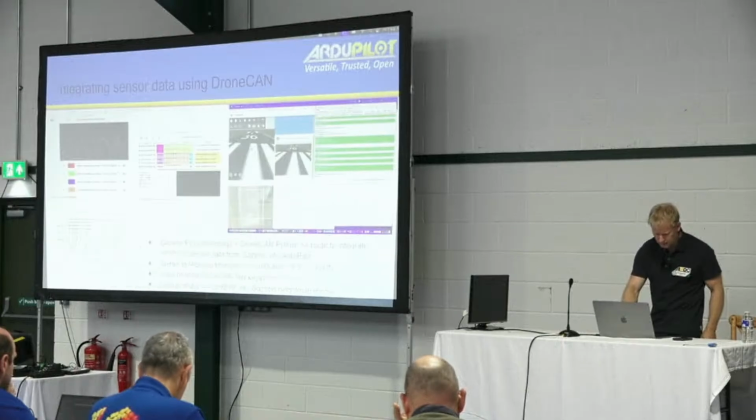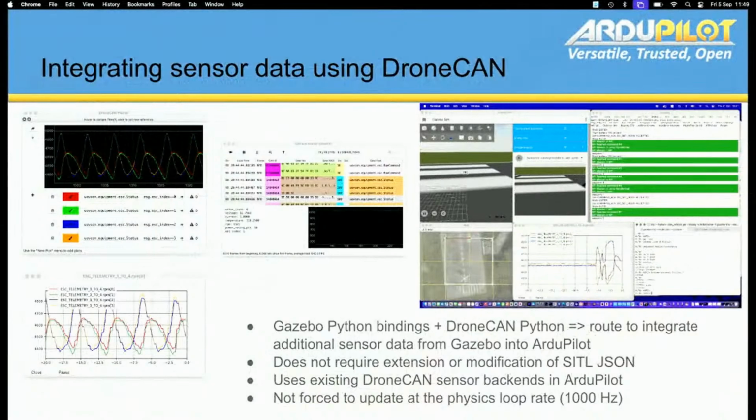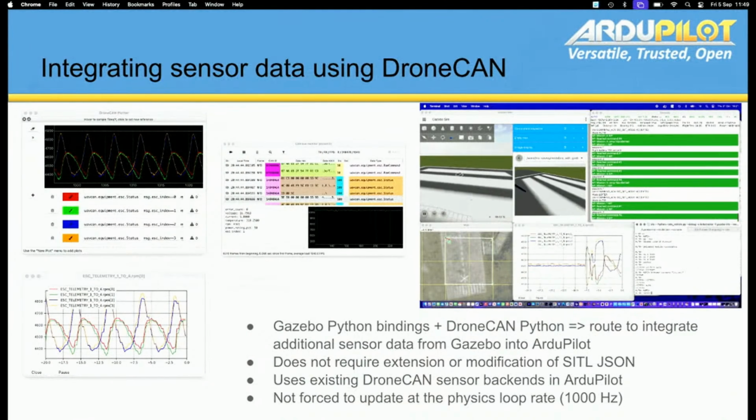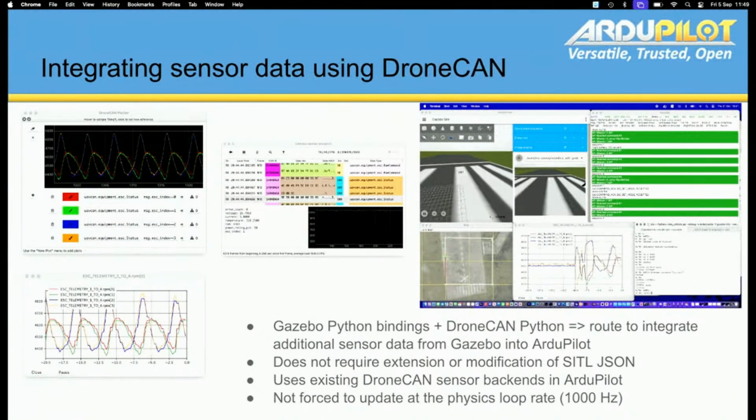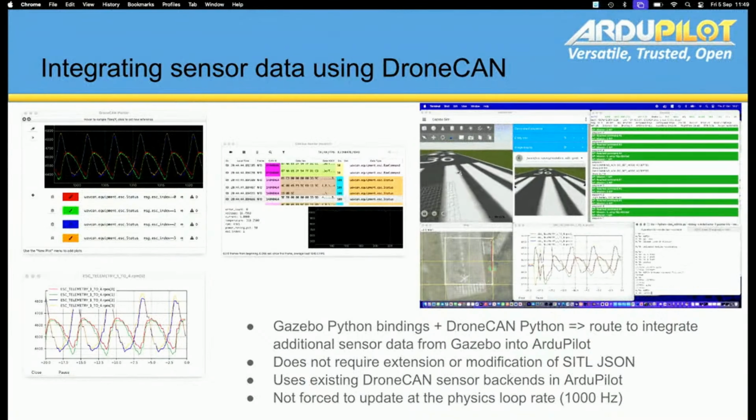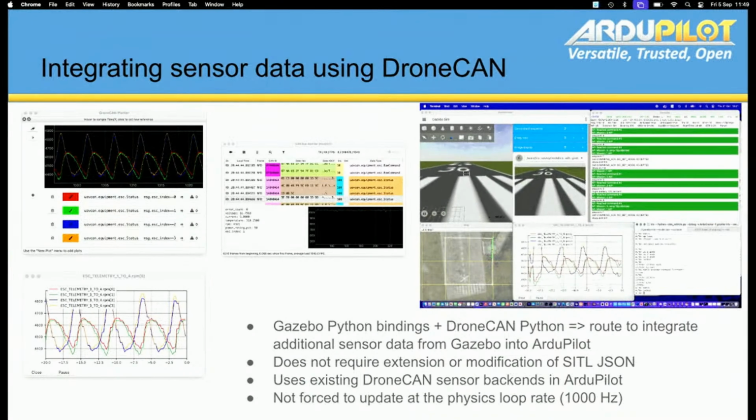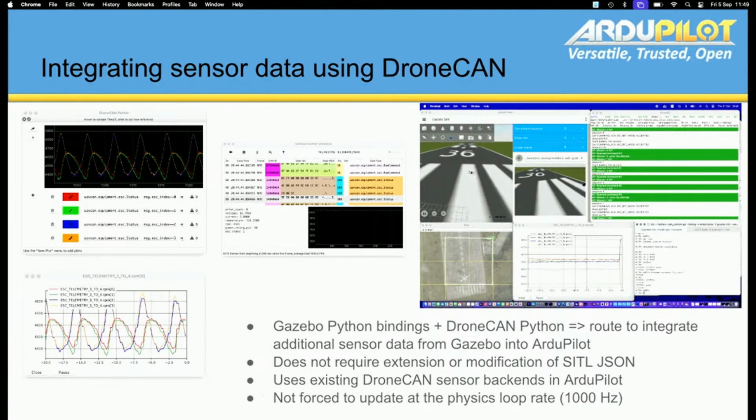Okay. One thing that's come out of this that's been really great, unfortunately I don't have your tool up and running because I put this together before then. But for a long time, it's been really hard to get sensor data out of Gazebo. DroneCan is a really nice solution for that, and that's where the Python bindings come in. You can push data from Gazebo into DroneCan, and once it's there, it looks just like a normal sensor.